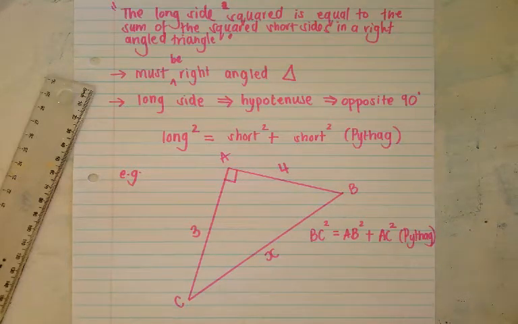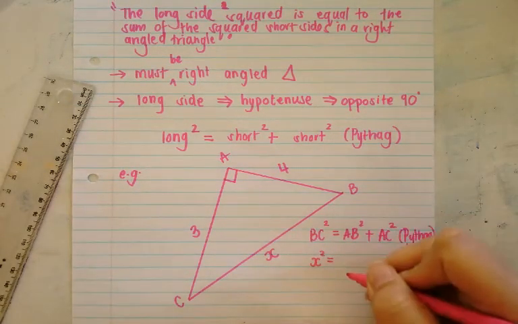Write it down for me, please. Okay, so BC, as Kenan was trying to tell us, is my x.